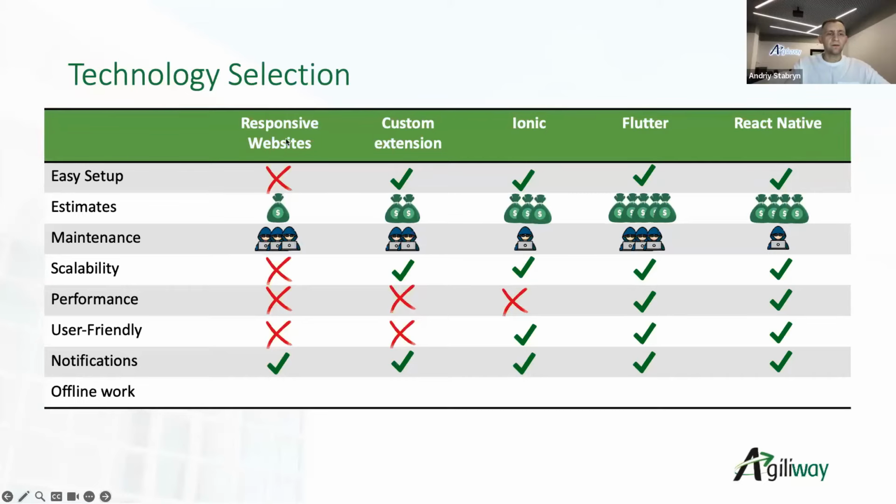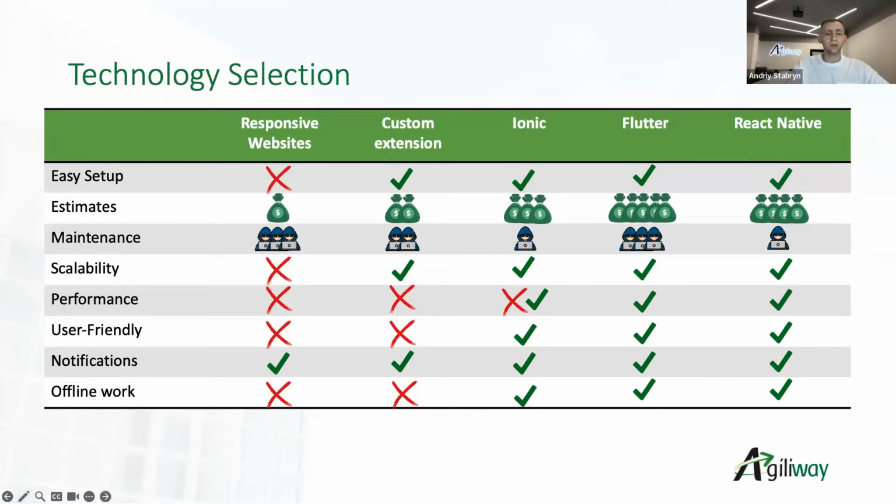Notifications: a responsive website and custom extension provide web pushes, and Ionic, Flutter, and React Native have push notifications. And the last item for us was offline work. For a responsive website and custom extension, we cannot achieve this, and for the three other options, we can include it when creating the new application.